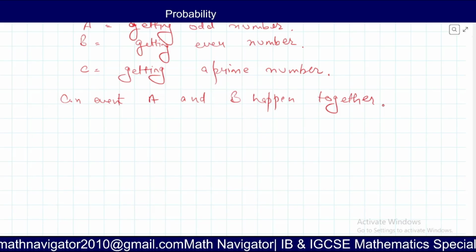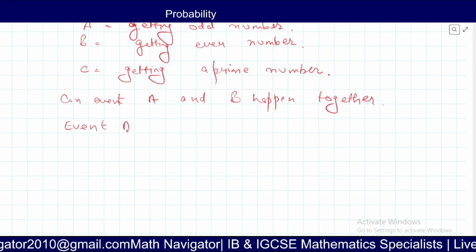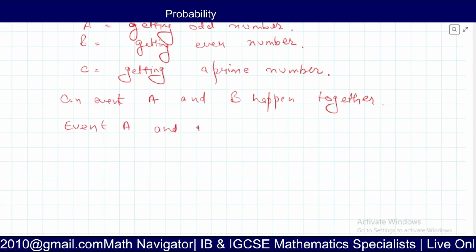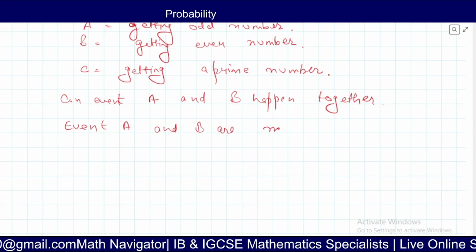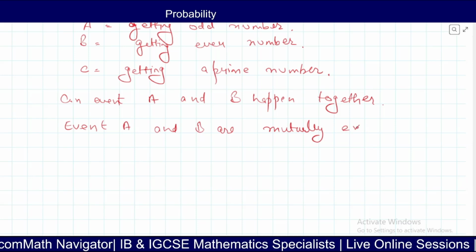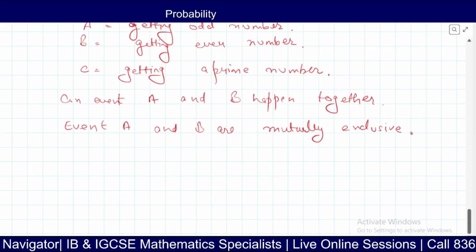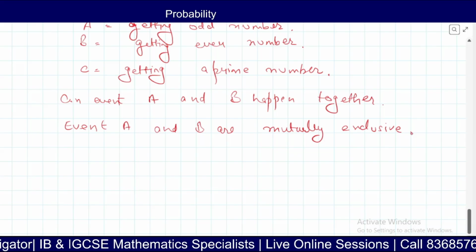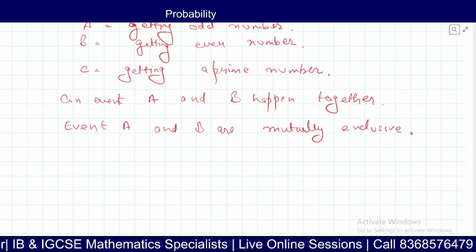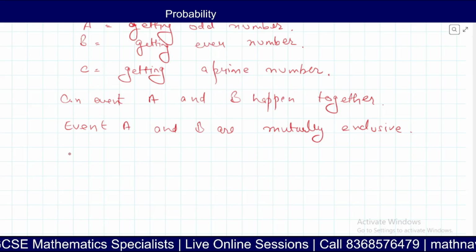So event A and B are mutually exclusive. Perfect. Right. So event A and B are mutually exclusive.